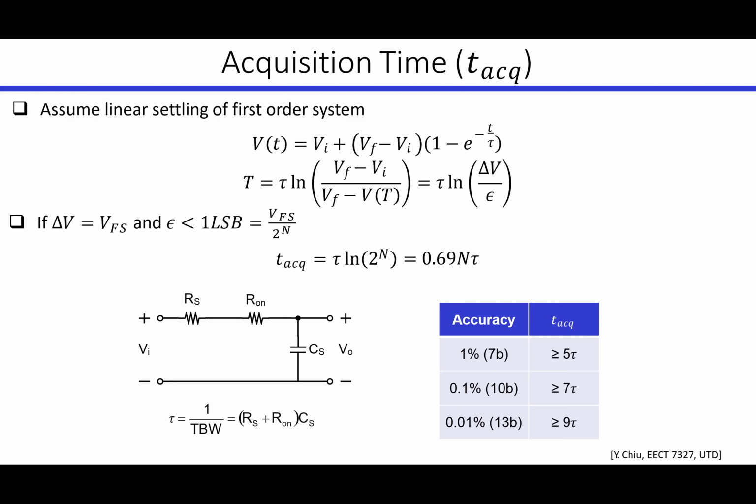Okay, so we assume that we again have a linear settling of a first order system. What do we have here? Assume this is my V final that we want to reach, and this is the V initial.